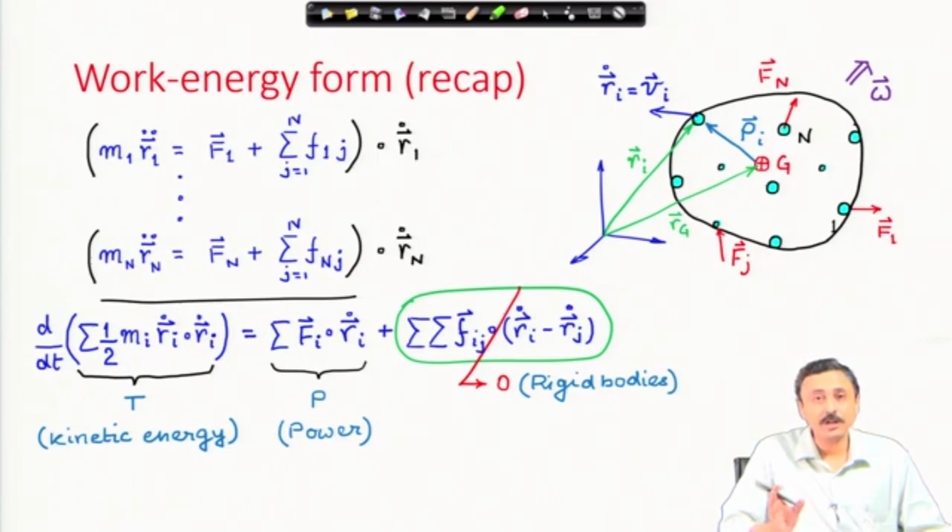Therefore, this relative velocity is perpendicular to the line joining the 2 points, and f I j is along the line joining the 2 points. Therefore, it is a dot product of two perpendicular or orthogonal things, and that is 0.